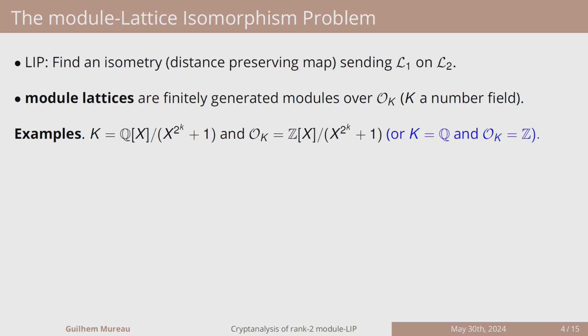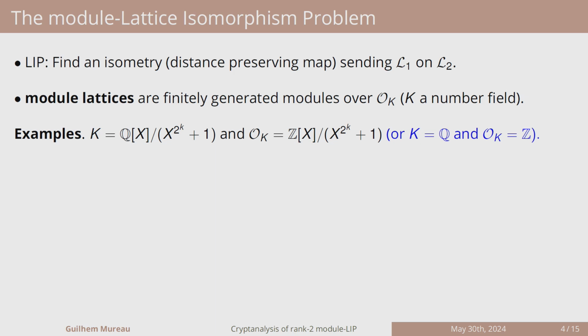In module LIP, we use module lattices. Formally, a module lattice is any finitely generated module over O_K, the ring of integers of a number field. For example, let K be a power of 2 cyclotomic field, Q[x] modulo x^(2^k)+1. Then its ring of integers is Z[x] modulo the same polynomial.